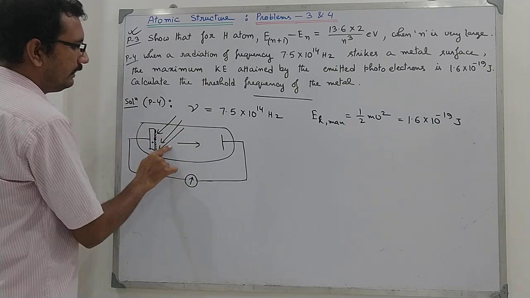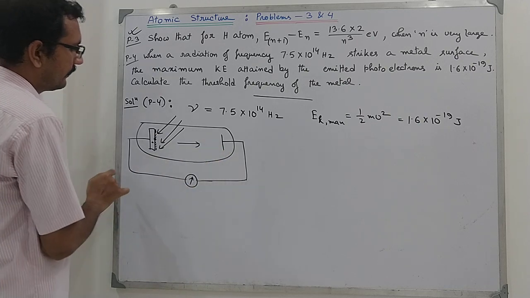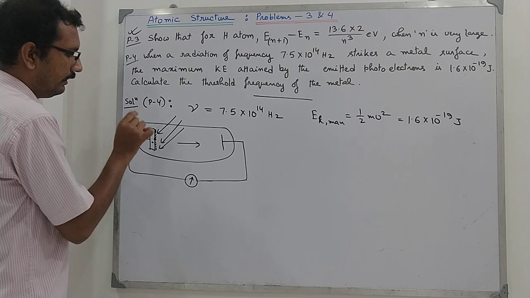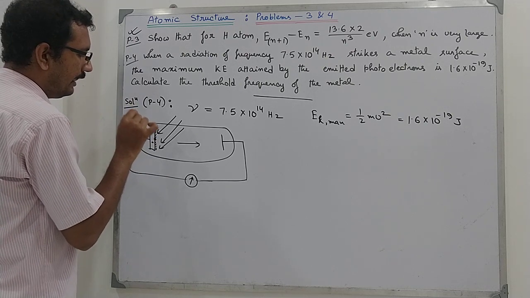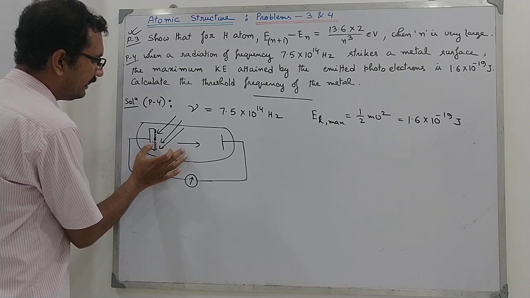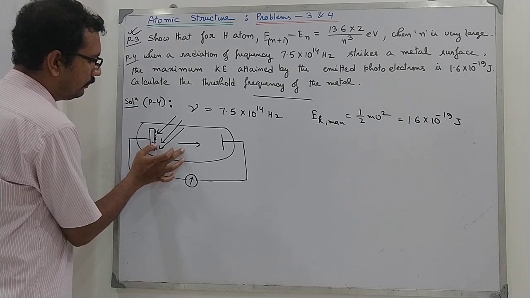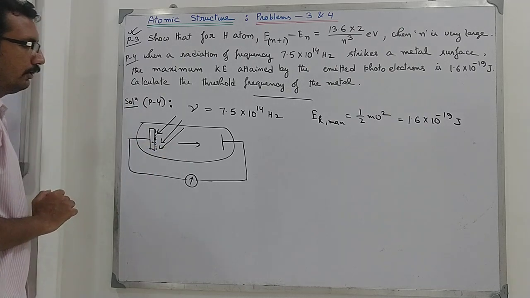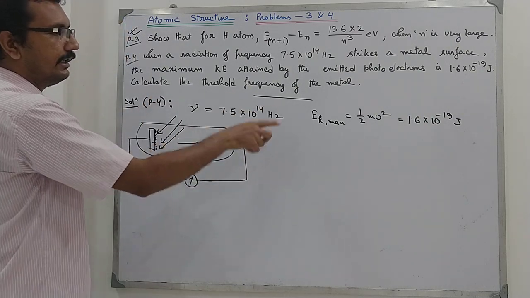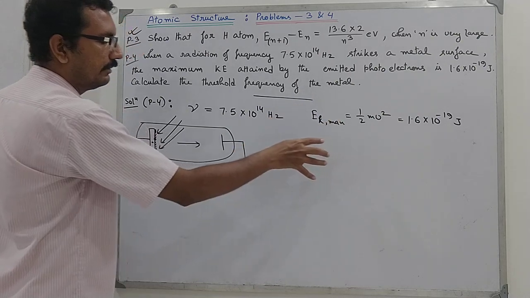So it will be with maximum kinetic energy. But the electrons which are deep seated will have some additional expenses for bringing the electron from the core to the surface. So this equation can be related only with the maximum kinetic energy.